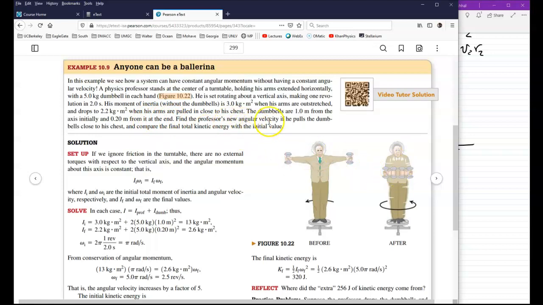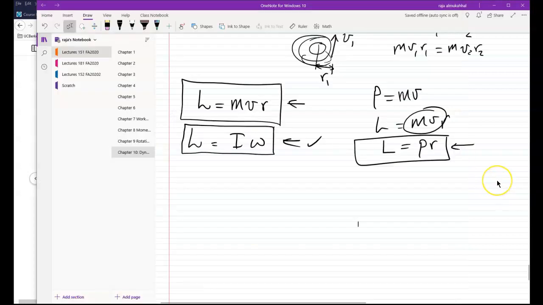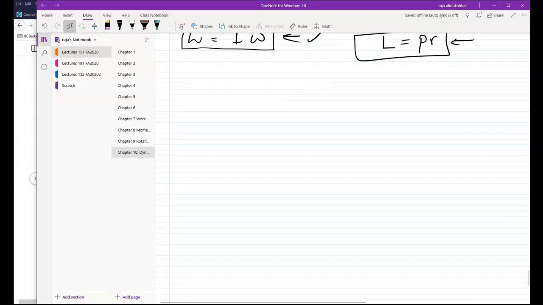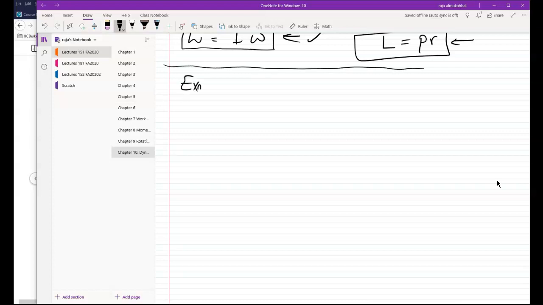Find the professor's new angular velocity, omega, if he pulls the dumbbells close to his chest, and compare the final total energy with the initial value. All right, let's see how we do this problem. Not a difficult problem, promise. Not like the last problem.